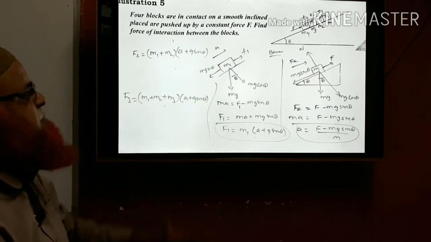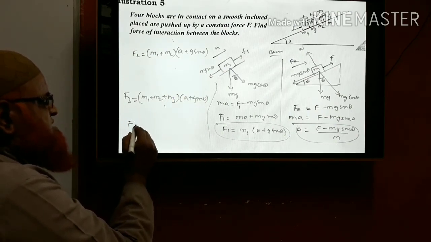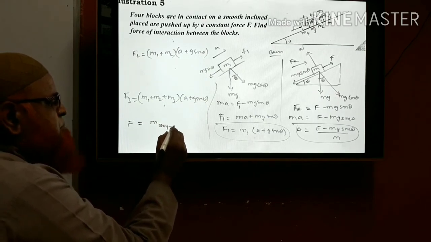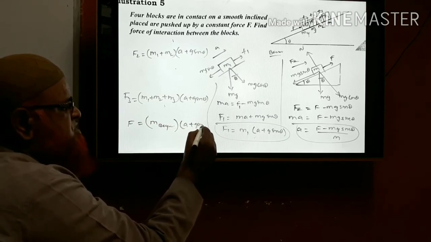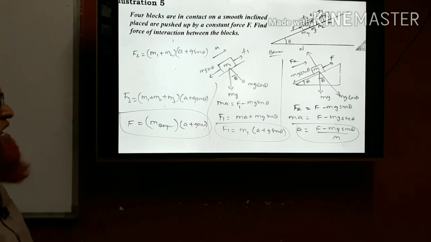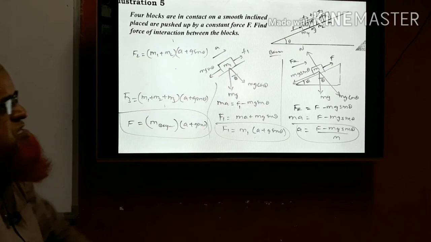In general, we can write force F is equal to the masses beyond it into a plus g sin theta. This is a simple basic formula. So these are the forces F1, F2 and F3 for this type of concept.